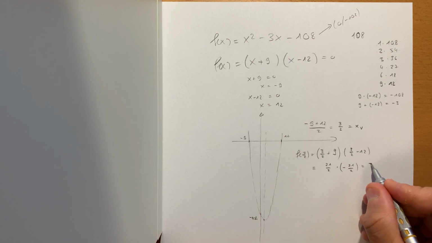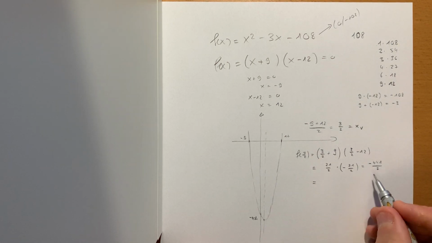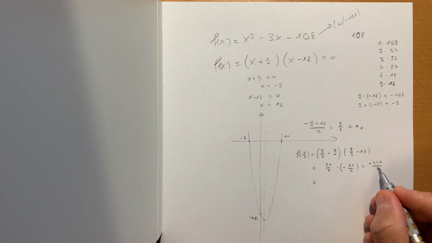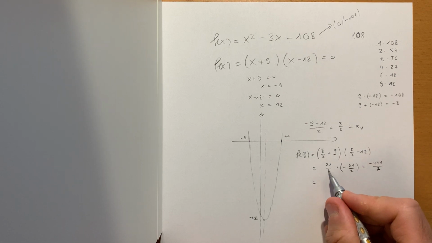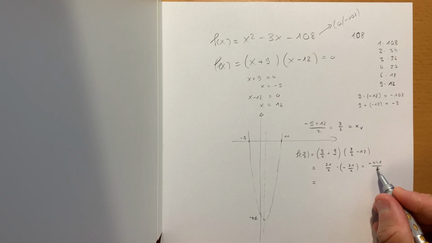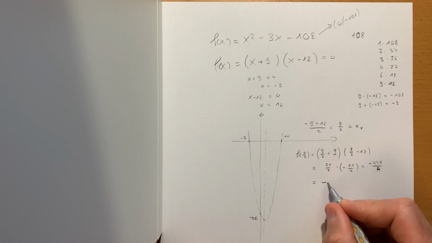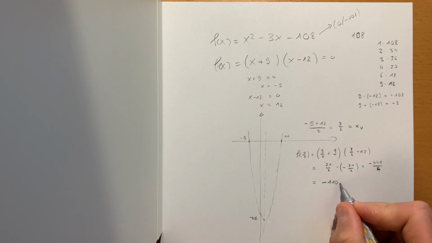So this is minus 441 halves. I don't need a calculator for this. Obviously, you could use one if you wanted to. So that would be, divided by 4, because it's a half, 21 halves by minus 21 halves. So that would be minus 441 quarters, which then would be minus 110.25.